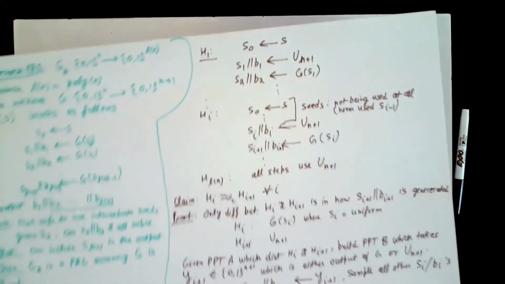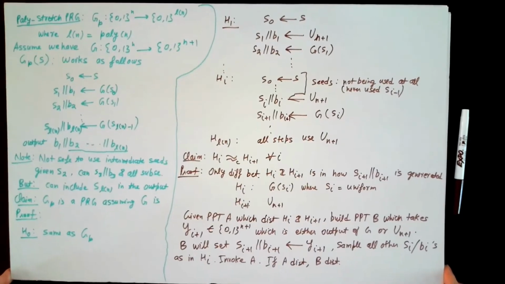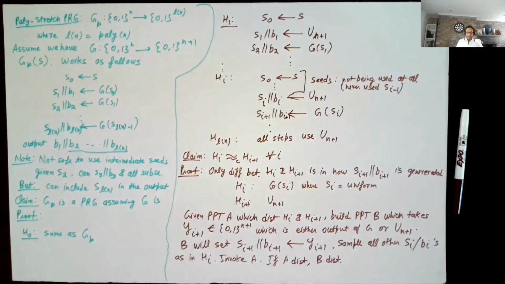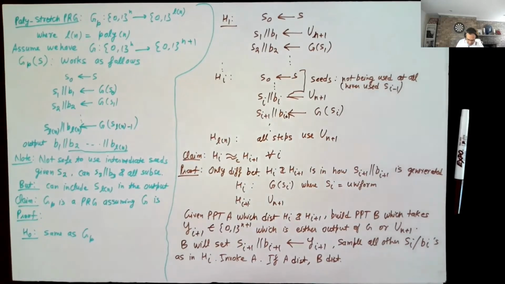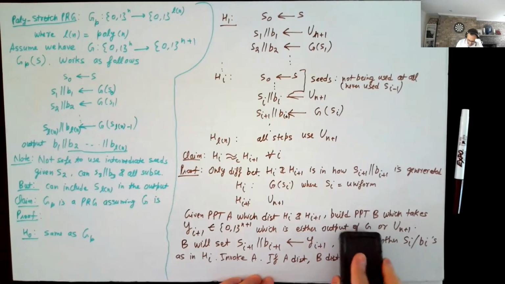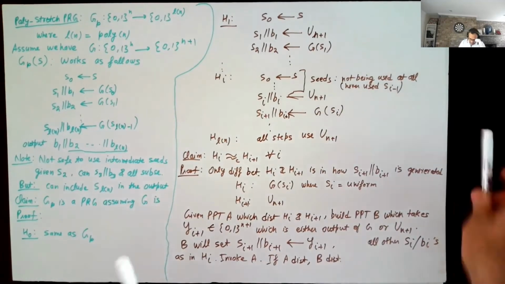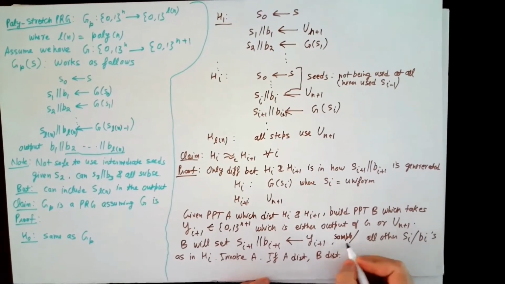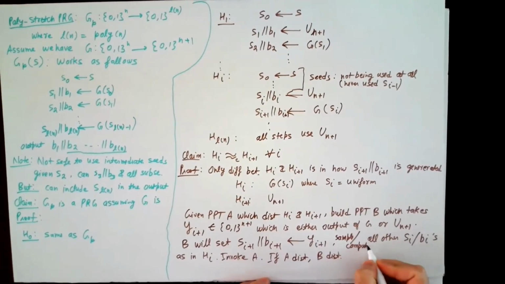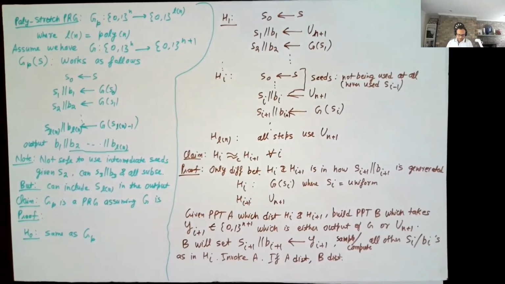Yeah, you don't need to sample any of the previous seeds. No, but for the seeds that are afterwards, will we sample them or will we apply the G again and again? Yeah, you will apply G again and again. So by sampling, I don't mean randomly sampling, or maybe sampling is not the right term. I should say sample or compute. Okay, thank you very much. The earlier ones are sampled, the later ones are computed.